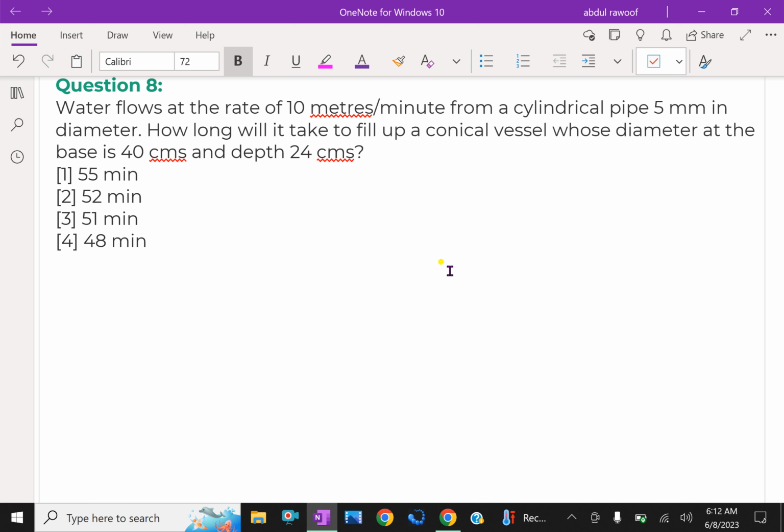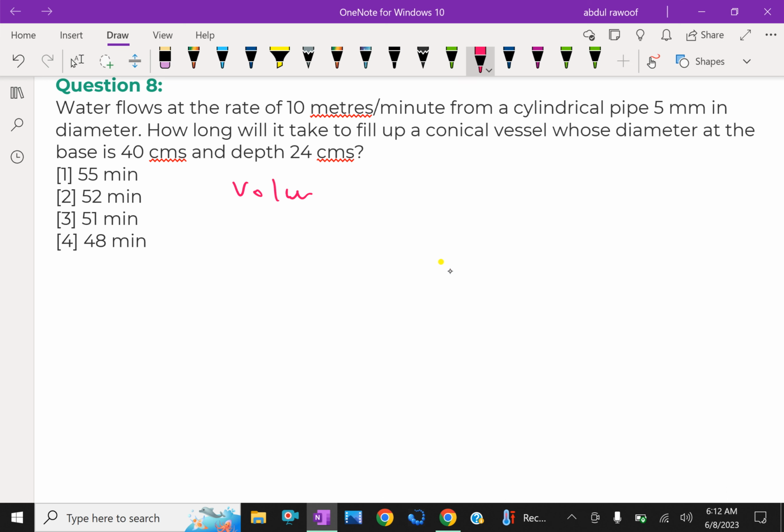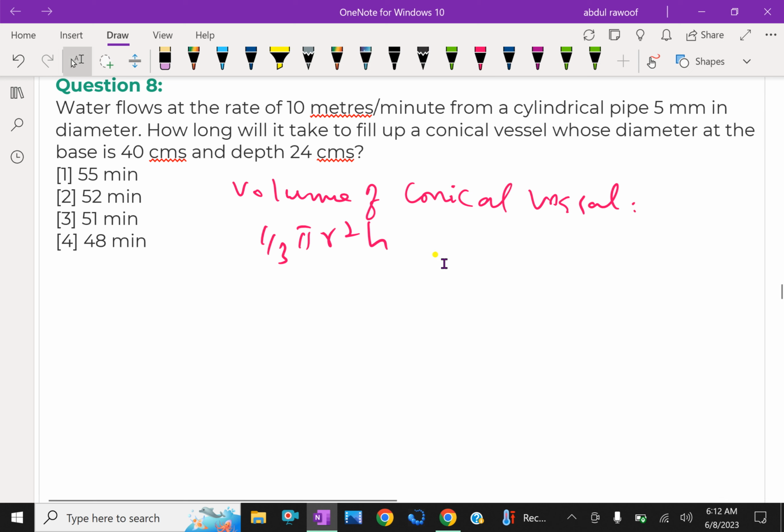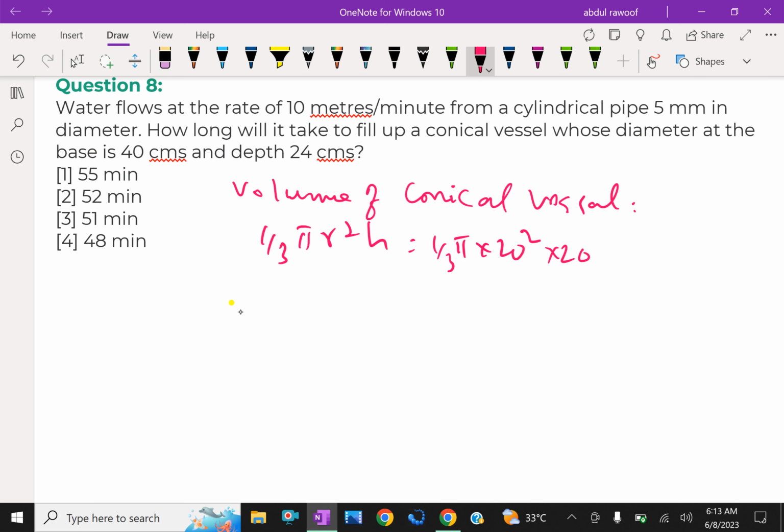Volume of conical vessel, volume of 1/3 pi r squared h is 1/3 pi 20 squared. Here the diameter is 40, therefore 20 is the radius and the depth is 24.